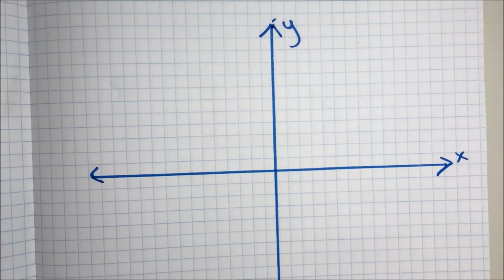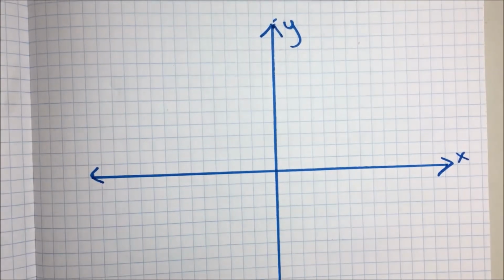Then I'm going to put one other line on here, and I want you to use a different colored marker for this. I'm going to put the line x equals y.